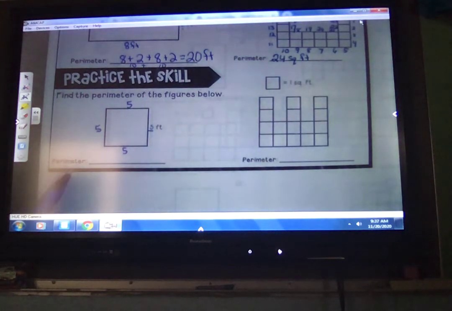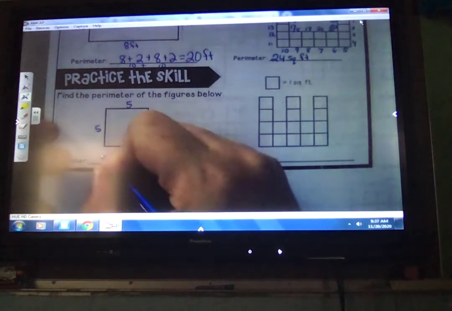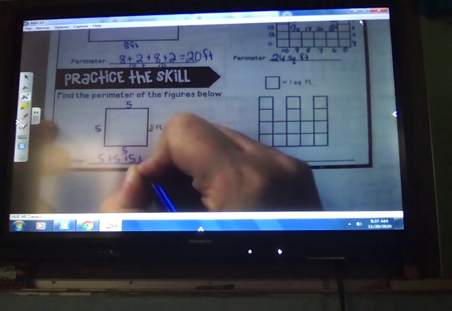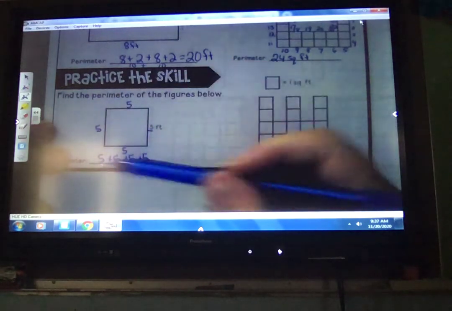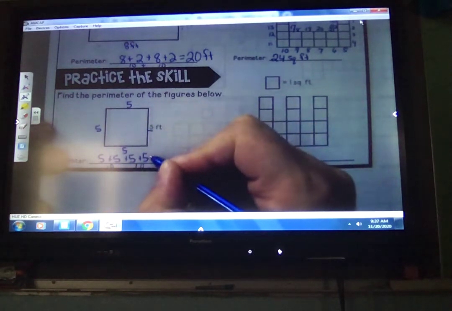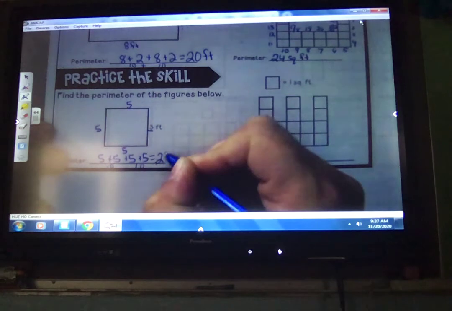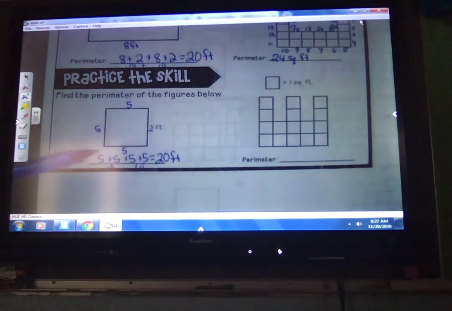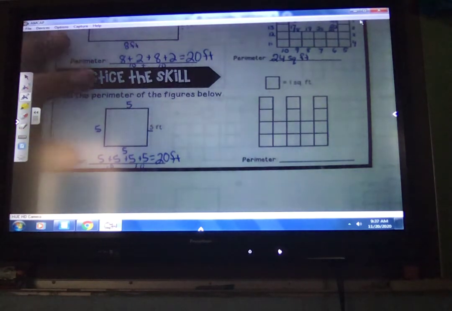Now to get the perimeter, we add all the sides. So let's add them. 5 plus 5 plus 5 plus 5. We have 4 5s. 5 plus 5 is 10. 5 plus 5 is 10. 10 plus 10 is 20 feet. So the rectangle and the square both had 20 feet once we added them.